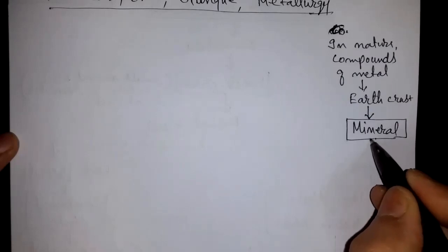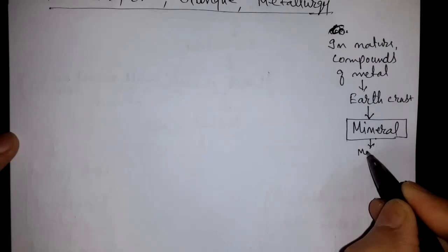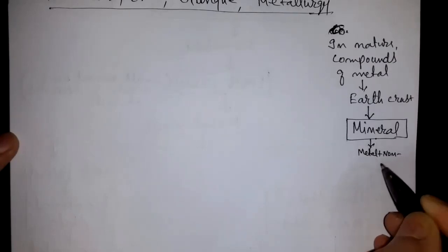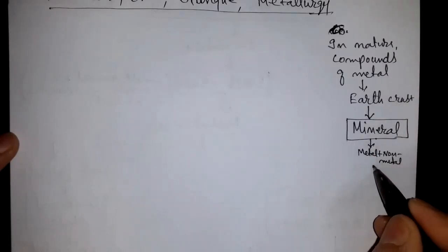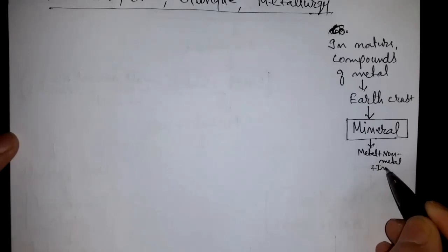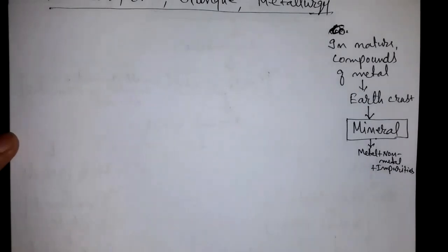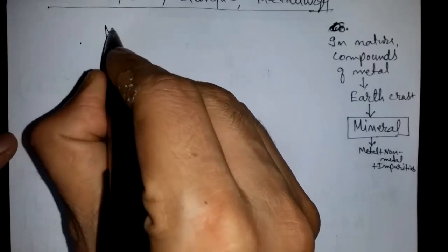In the mineral there will be metal, there will be non-metal, and this compound is inside the earth crust, so there will be a lot of impurities. Okay. So suppose there are two minerals.